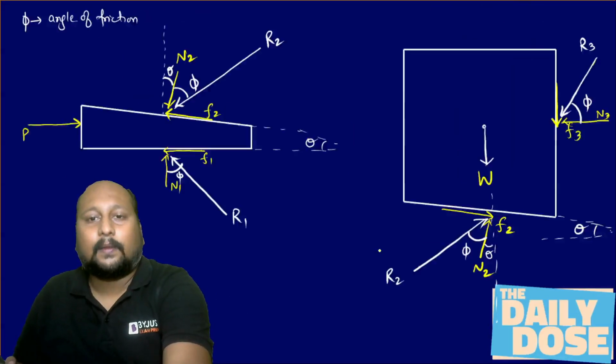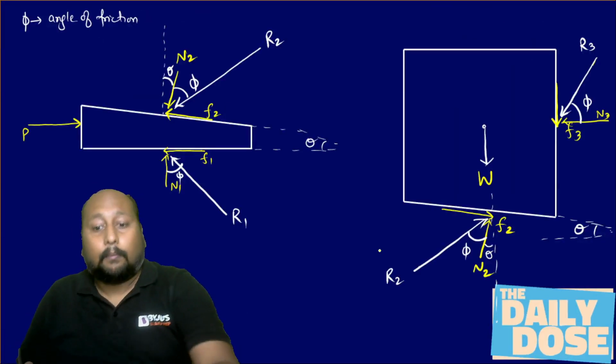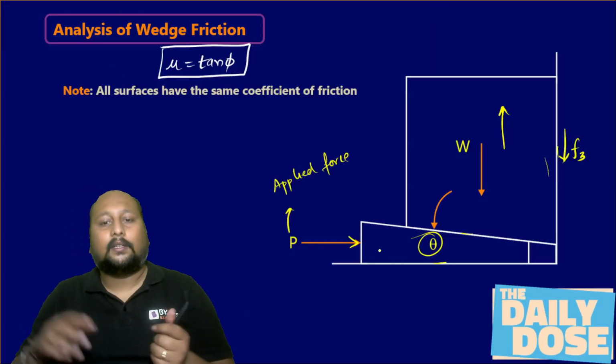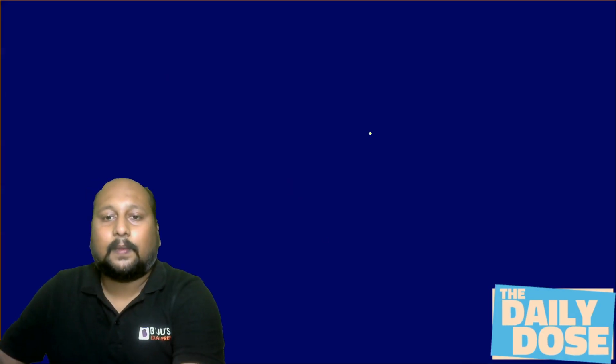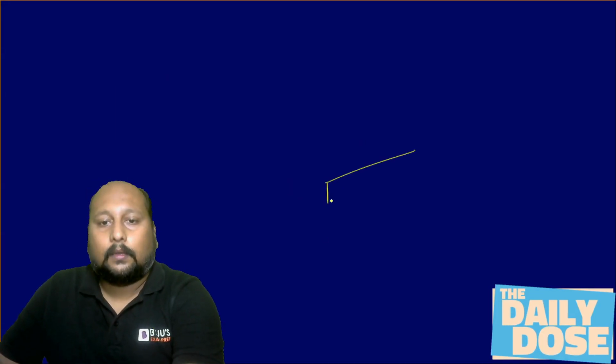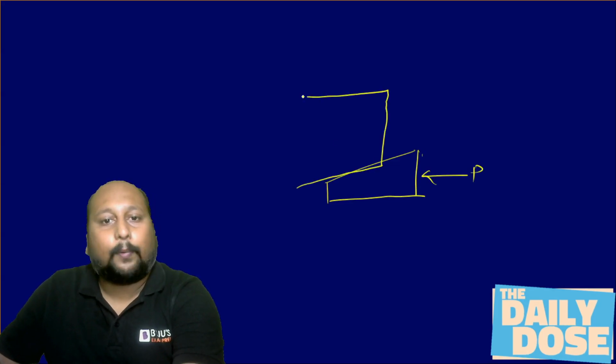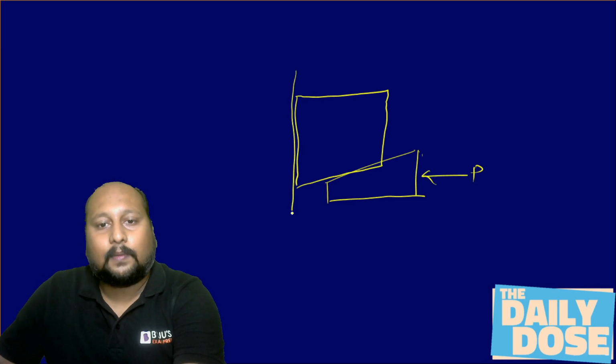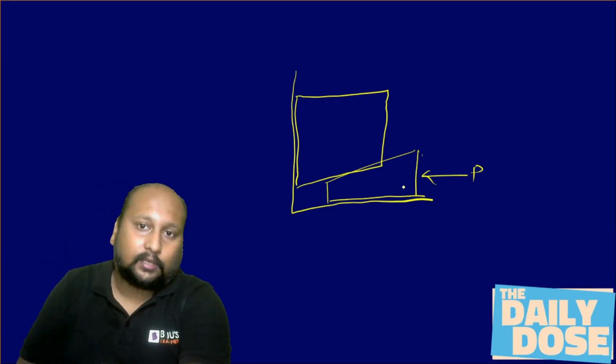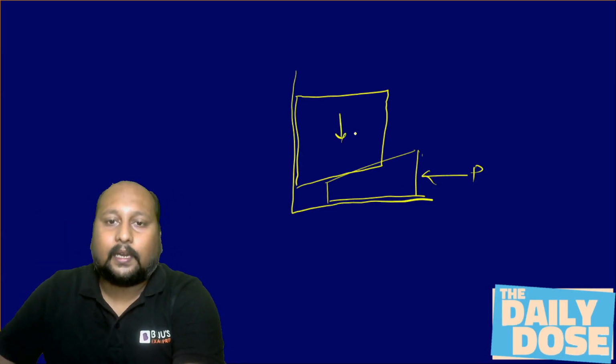I've just taken a simple case over here. You might get a scenario where the entire system is kept like this. In that case, your approach will be the same, only the formulation might change.